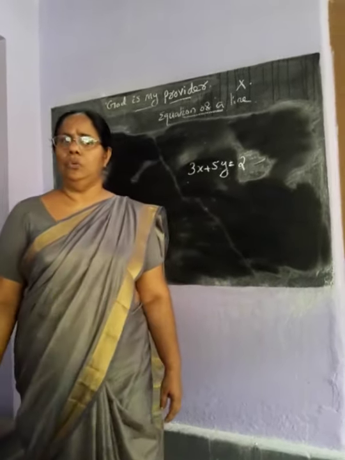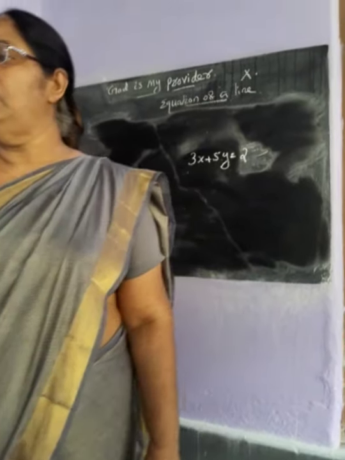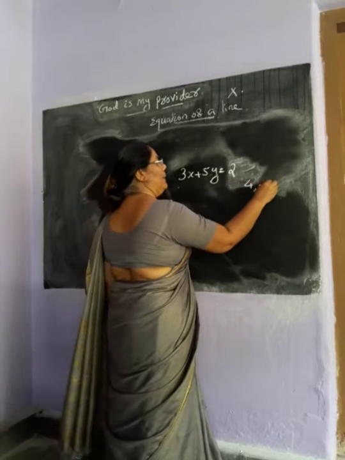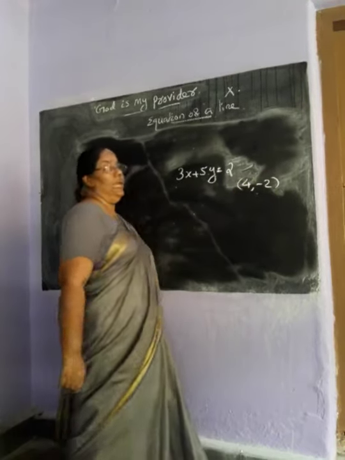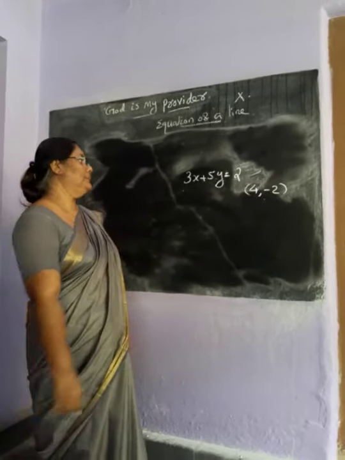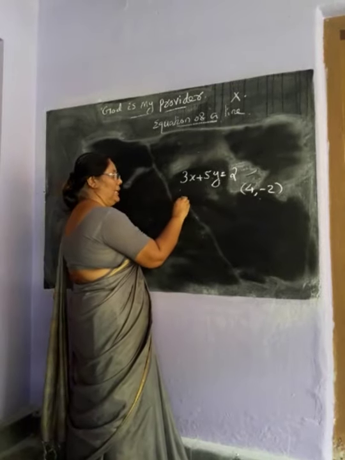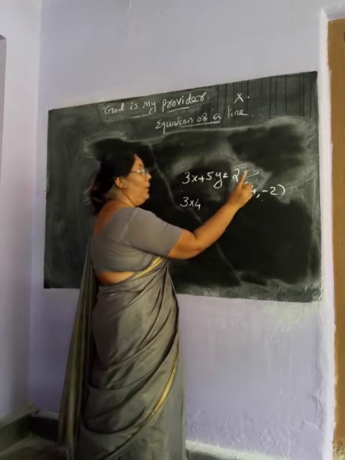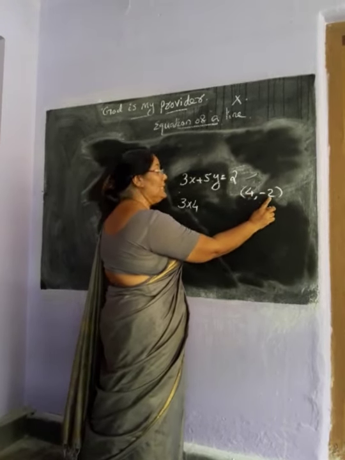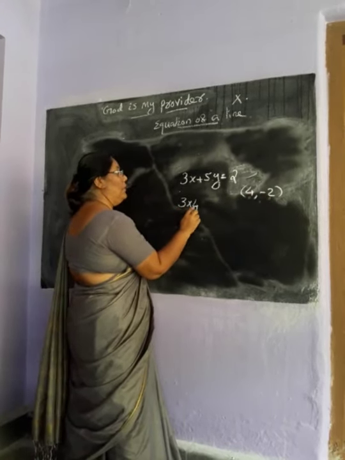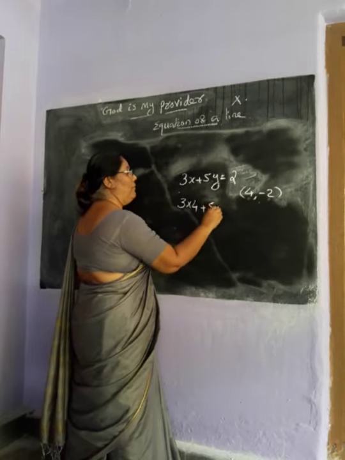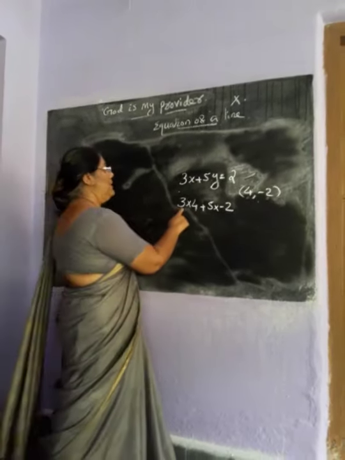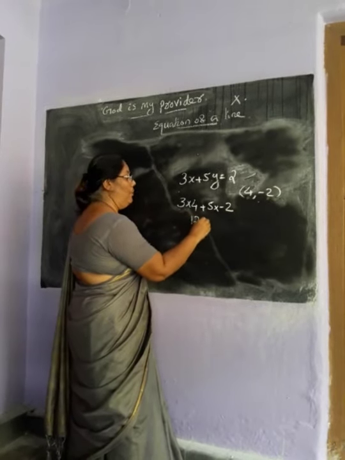Our aim is to check whether (4, minus 2) lies on this line. Then in the place of x we substitute 4 and in the place of y we substitute minus 2. 3 into 4 plus 5 into minus 2, that is the LHS part. 3 fours are 12, minus 10.